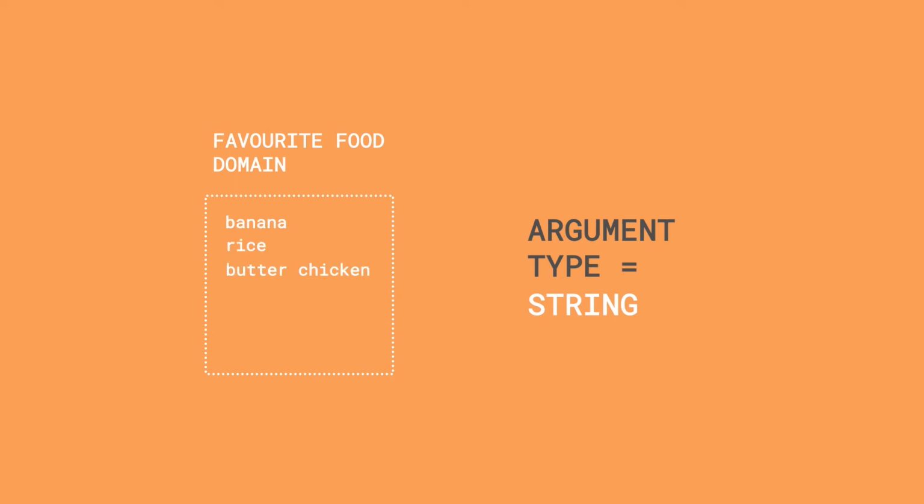Now you can see that the domain is essentially a subset of the string data type, since there's going to be a finite set of favourite foods that a student may choose. Now the result type would have to be an integer in order to store the ID, since it's going to be numerical. Some potential values we could have are 27, 59, 126, and any integer for that case.